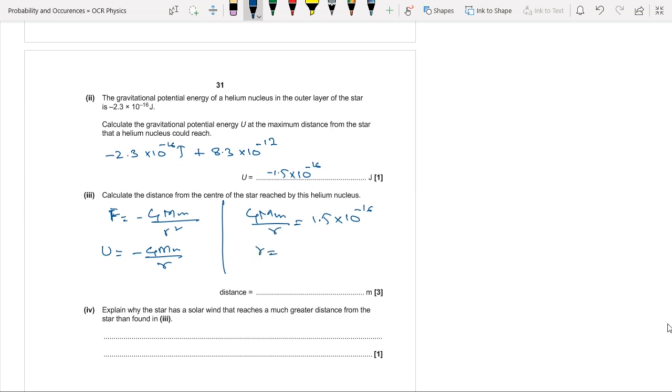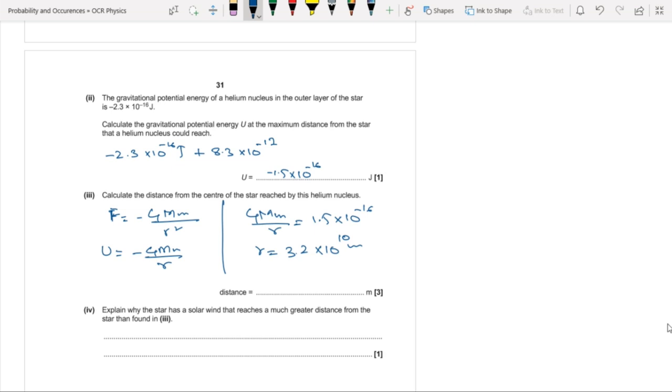It comes out to be, plugging in the values and rounding off to two significant figures, 3.2 times 10 to the power 10 meters.